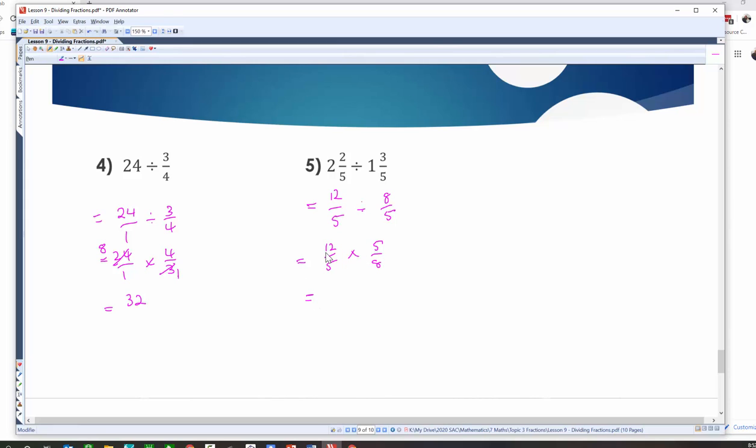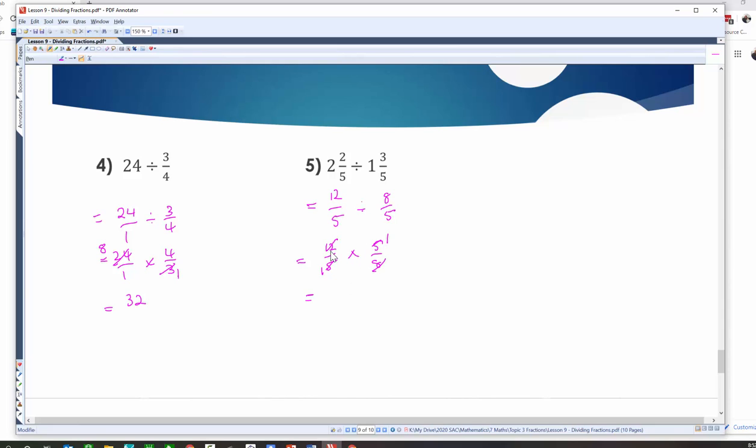Okay, and now what we're going to do is see if we can simplify. There's nothing we can do in terms of the individual fractions, so then we go to cross and see if there's anything we can do there. 5 and 5, definitely. A number that will go into both 5 and 5 is 5. 5 goes into itself once and into itself once.